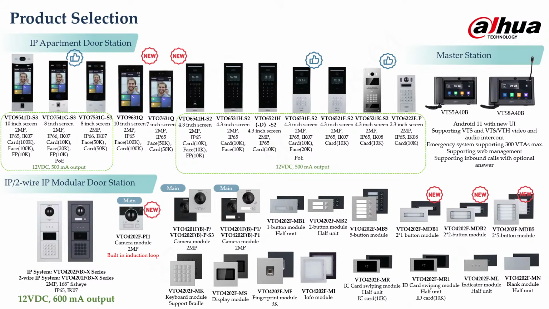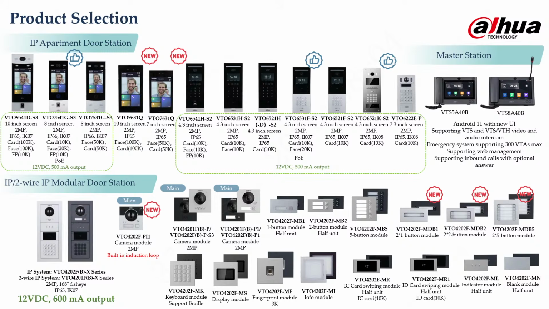It means the power output port offers you 12 volt DC. Okay, this is quite common, and the load capacity is 600 milliampere. So you have 600 milliampere at a 12 volt level, which is enough to control a door lock, in my opinion. And if you're talking about the modular system, it's really flexible.